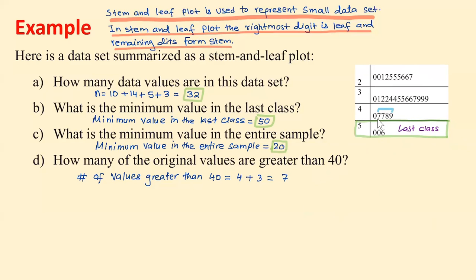So 40 is here, and whatever is after that is greater than 40. We have 4 of them in the third line and 3 of them in the fourth line. So when we add, we obtain a total of 7. This is how we can analyze a stem and leaf plot. Remember, a stem and leaf plot is used to represent a small data set where the rightmost digit is the leaf and everything else forms the stem.